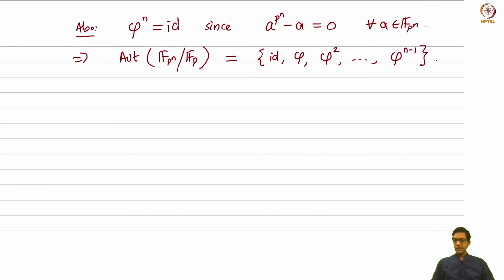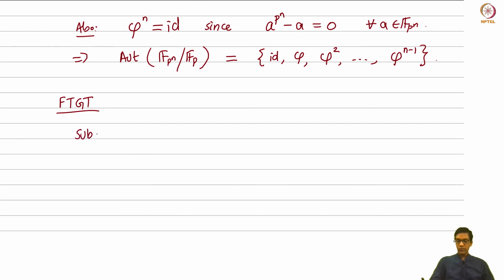So these are the elements of the Galois group, and again, by a similar token, one can work out the fundamental theorem of Galois theory. It will tell you that the subgroups of this group are in one-to-one correspondence with the intermediate subfields.